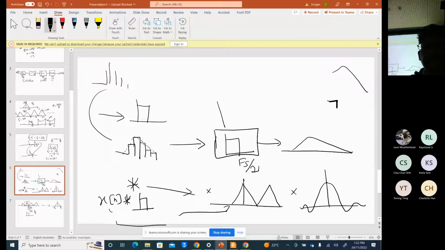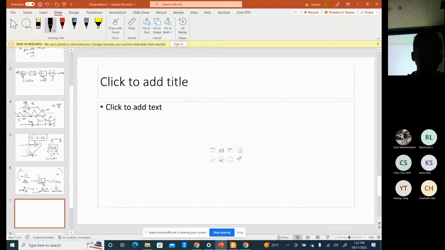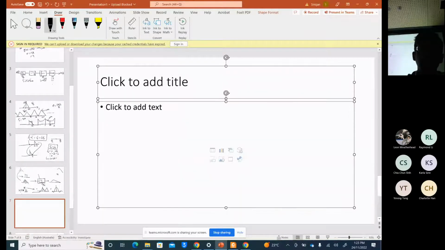When you multiply, what happens? This pulse is the dominant one, so that keeps this one, but these things get smaller, though there's still an effect.